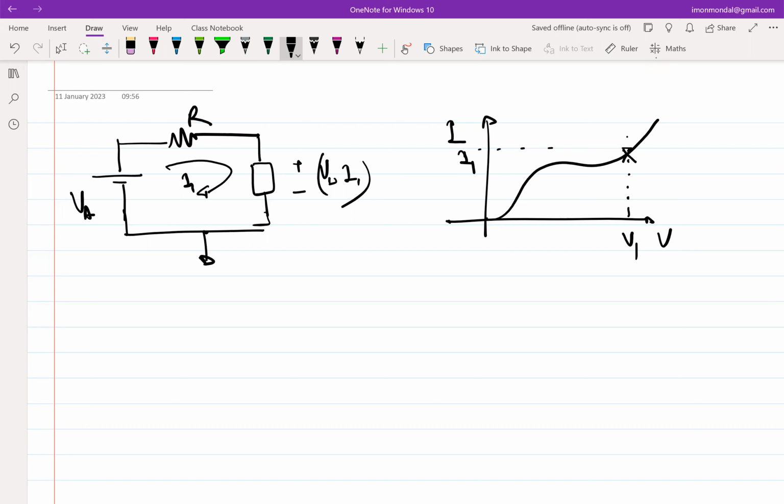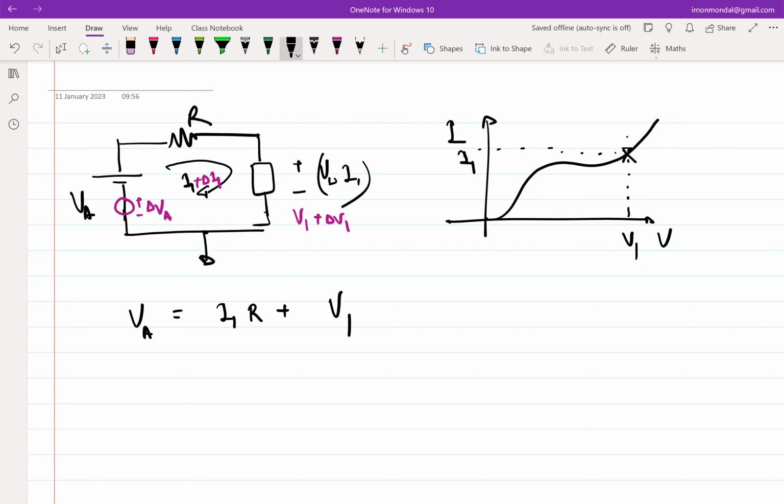Fine. So now what we essentially said was that if I write the KVL of this loop, this becomes VA is equal to I1R plus V1. And then if we say that we have perturbed this loop with some delta VA, then my current will be perturbed also by delta I1, and this voltage will also be perturbed, becoming V1 plus delta V1.